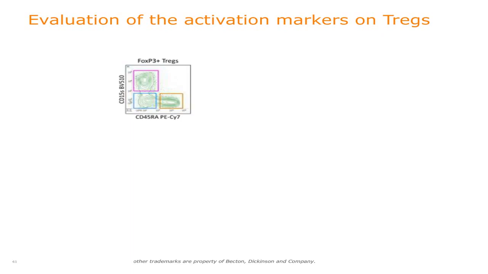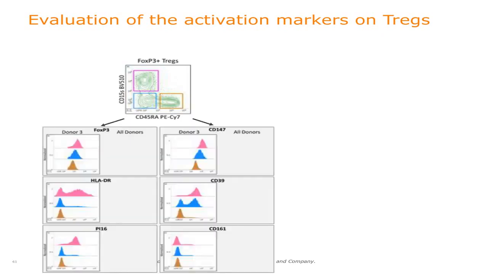So we have CD15S versus CD45RA, and now we can gate on the different subsets and specifically look at what may be, or is called maybe, our more suppressive T regulatory cells, and then those who are naive, mature, and effector T regulatory cells, and look at the expression of various markers across various donors.